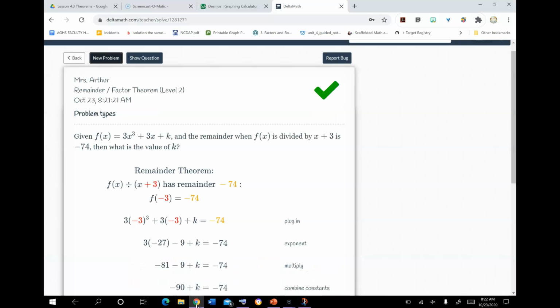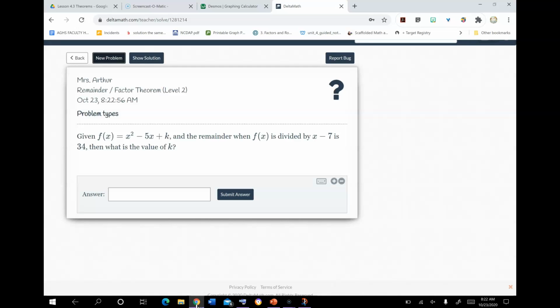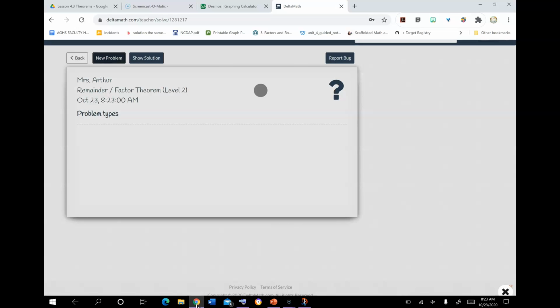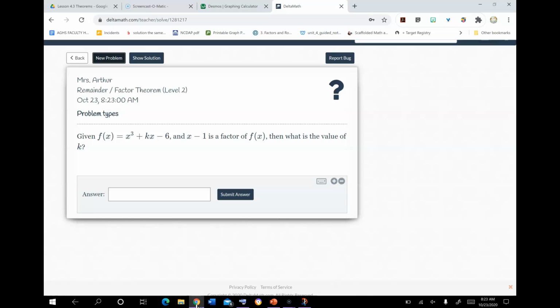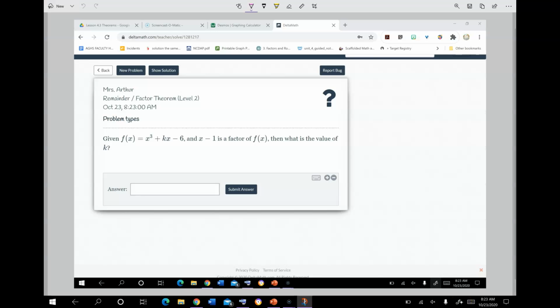All right. Now, let's see. It should have some that are a factor. Yes, so here we go. One last one we're going to do, okay? So this says f of x equals this, and you can see that my k is unknown.